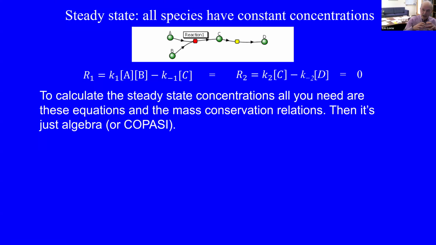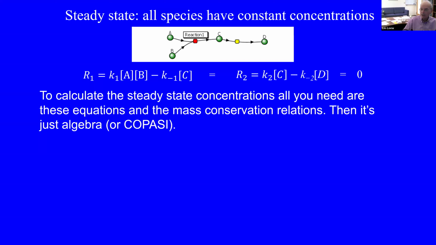And so those mass conservation relationships are also algebraic relationships, which can produce a set of simultaneous algebraic equations that can be solved. And again, you could do a simple case like this with pencil and paper, just solving the algebra.